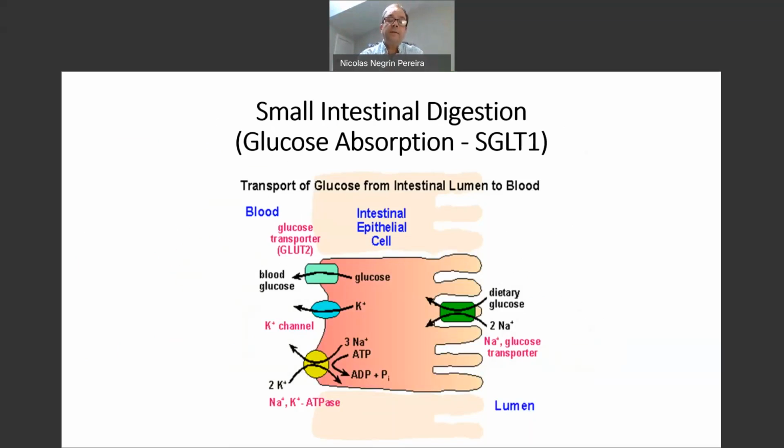On the basal side, glucose is going to get into the blood circulation, while a potassium channel will be pumping out 1 cation of potassium. And of course, we have the sodium potassium ATPase, which is an active pump, taking out these sodium molecules that were used for the internalization of glucose. But this is an ATPase that's normally present in the cell and keeps the equilibrium of ions within the cell.